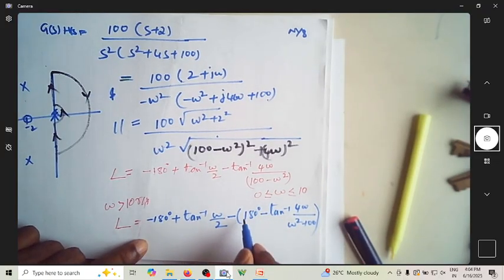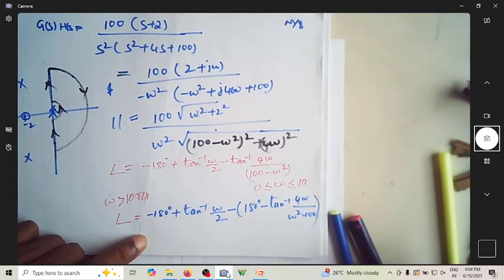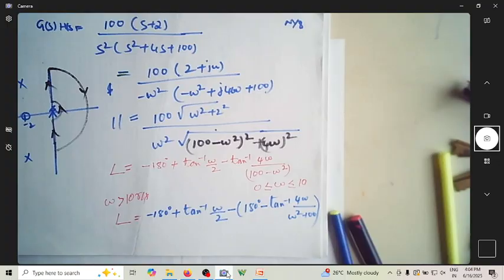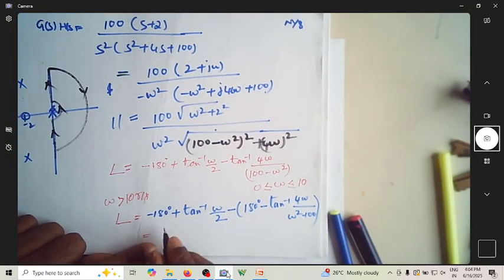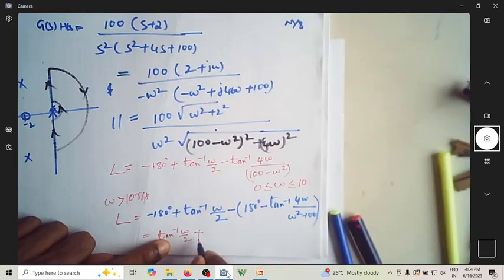So now this and this will become minus 360, which you can cancel it out and get tan inverse of omega by 2 plus of, now you can see this will become plus tan inverse of 4 omega by omega square minus 100.